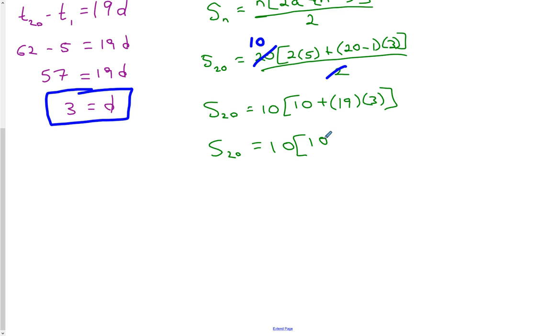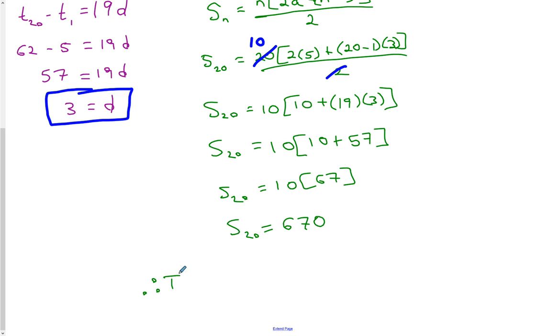Okay, 19 times 3, that's 57. So we end up with 10 times 67. That's going to be 670 bricks. So we'll say, therefore, the wall has 670 bricks.